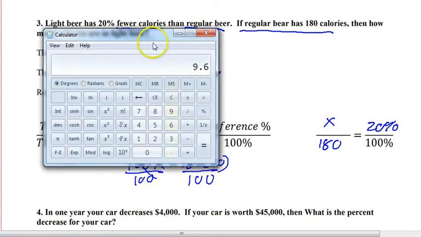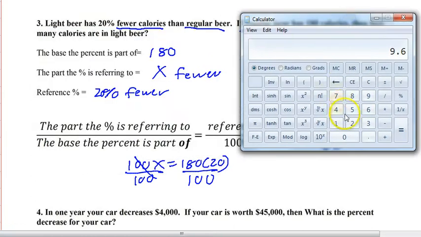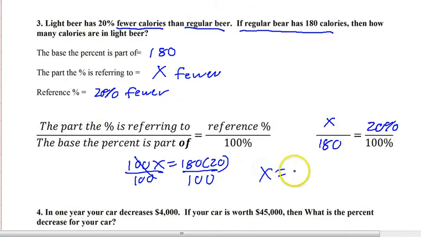Plug it in the calculator. And 36. And it's fewer because that's what our percent represents. So that's what the x represents.